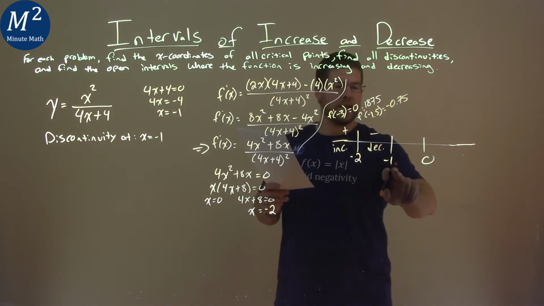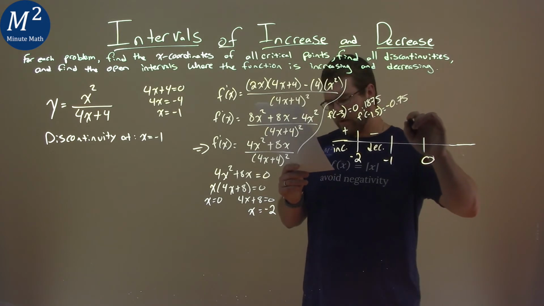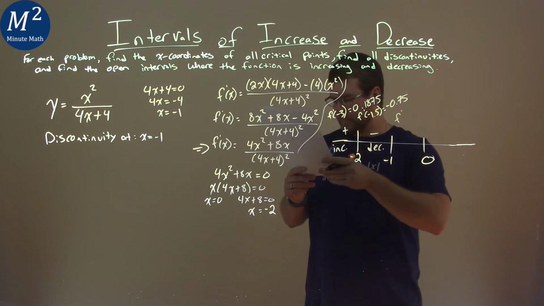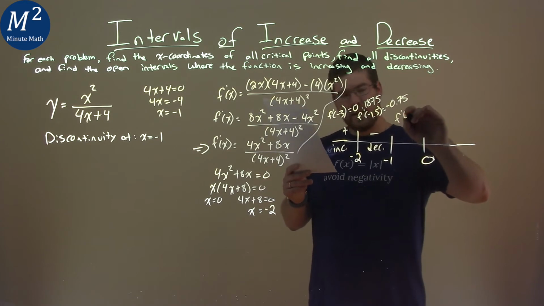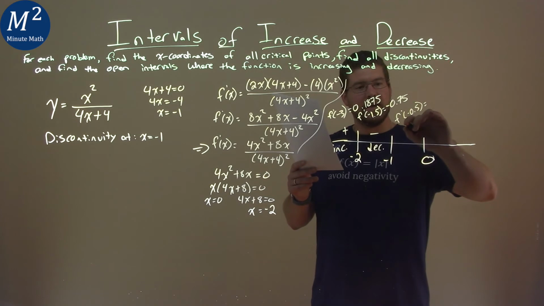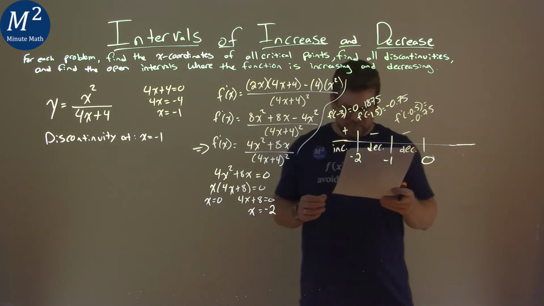Pick a value between negative 1 and 0, and I picked negative 0.5. F prime of negative 0.5 came out to be negative 0.75. It's negative, it's decreasing.